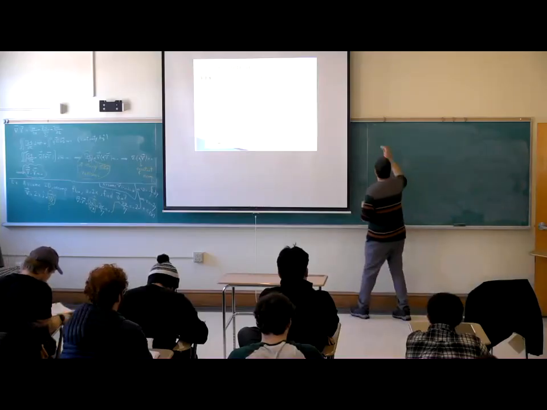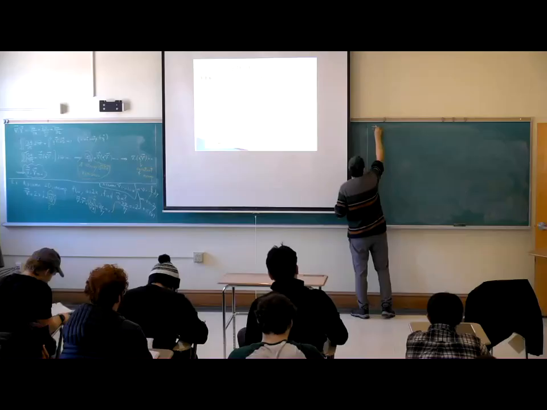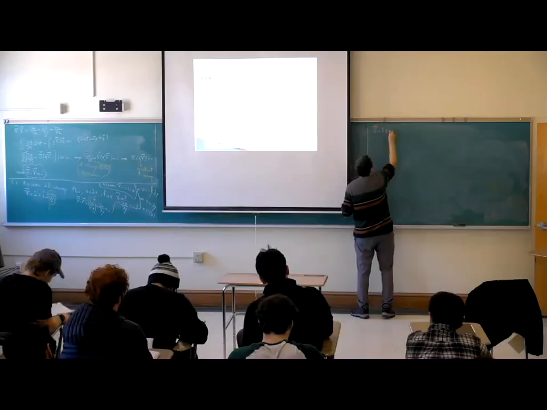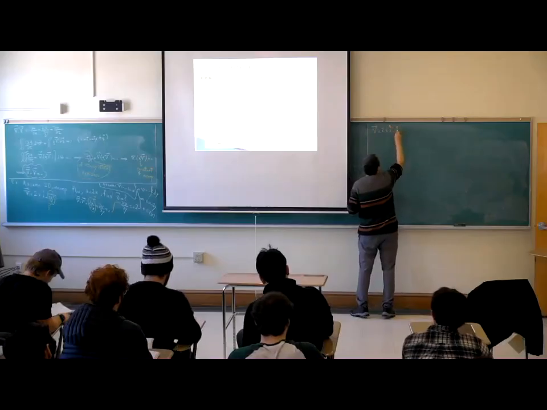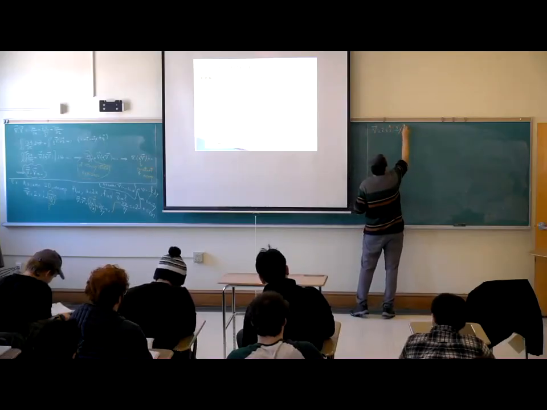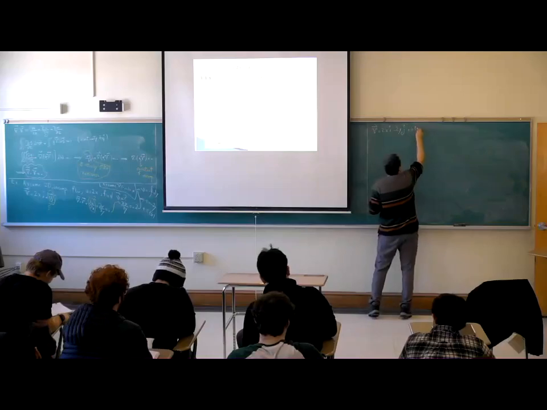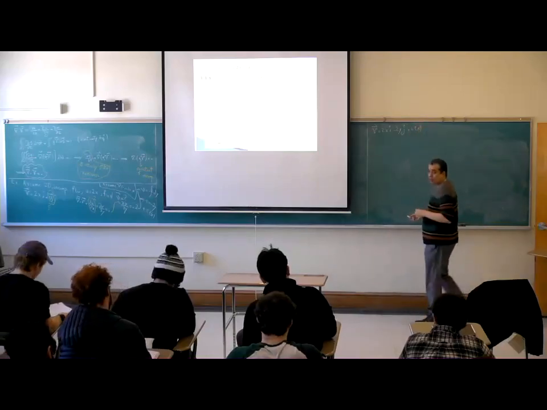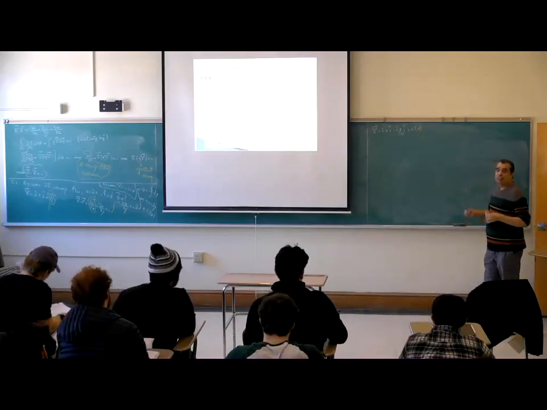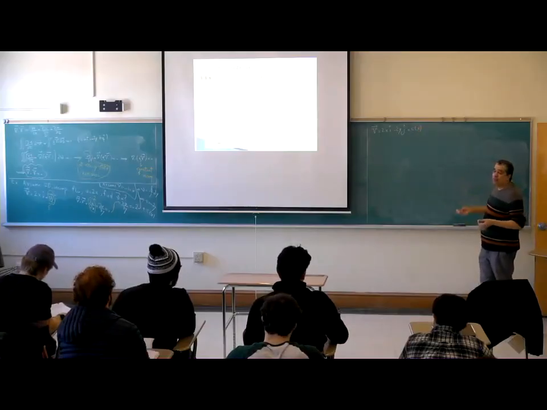So v is equal to x i minus 2y j plus c(x). Okay? I put 0 and 0. When I put 0 and 0, v should be 0.